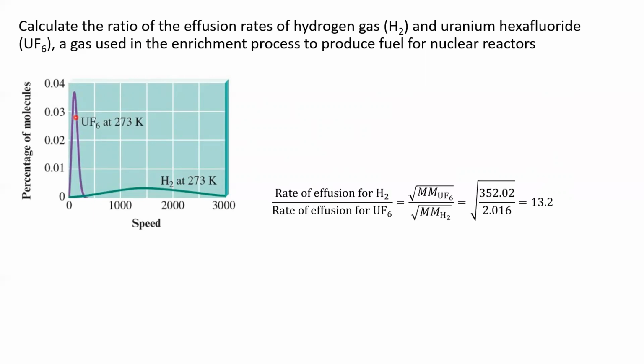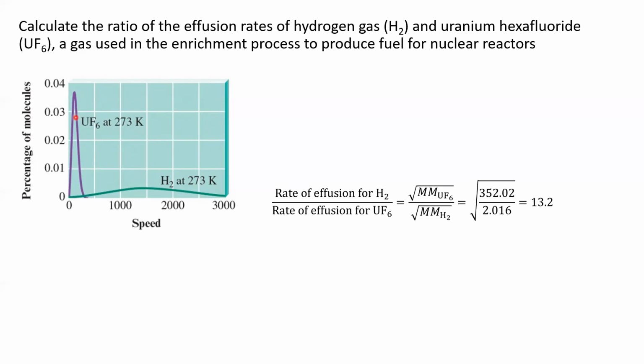So if we wanted to figure out the relative rate of effusion, first, we're always going to make gas A the lighter gas. I didn't put that in the PowerPoint, so you might want to just put that down as a quick note. The lighter gas, make gas A. So in this case, hydrogen has a smaller molar mass than uranium hexafluoride.